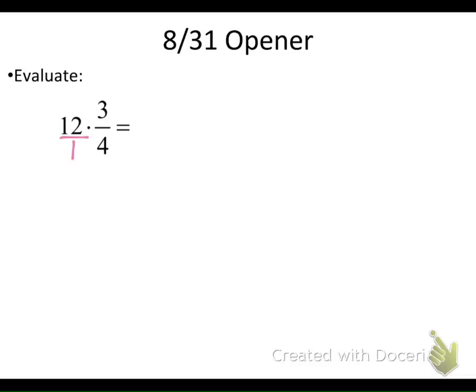So what's 12 divided by 4, Brendan? Okay. And 4 divided by 4? Not multiply. 4 divided by 4. 1. Good. Now that both of my denominators are 1, I know I'm not going to be able to reduce any further because 1 is the simplest form. So I'm ready to move to step 2.